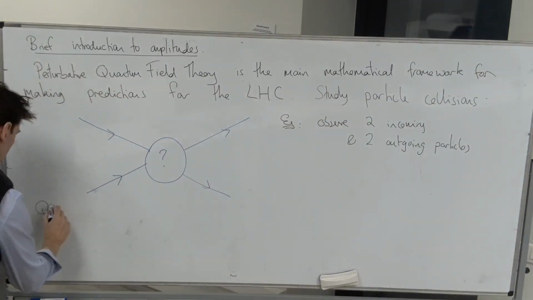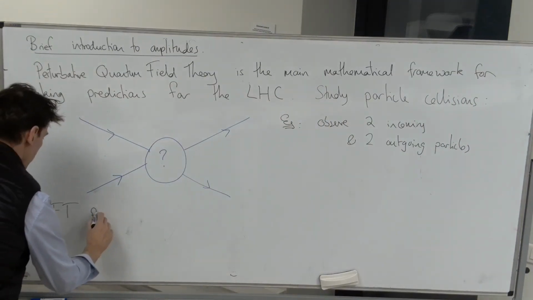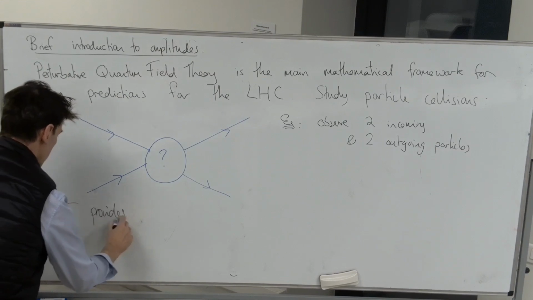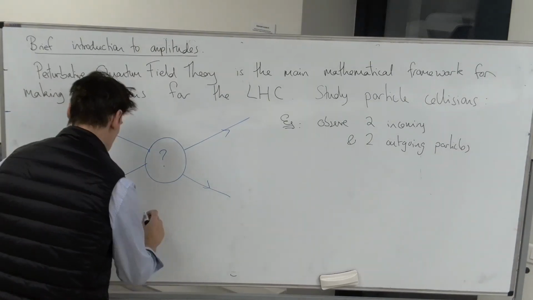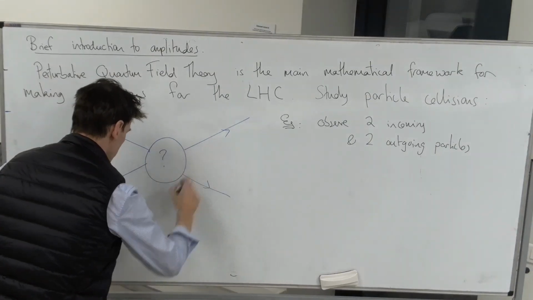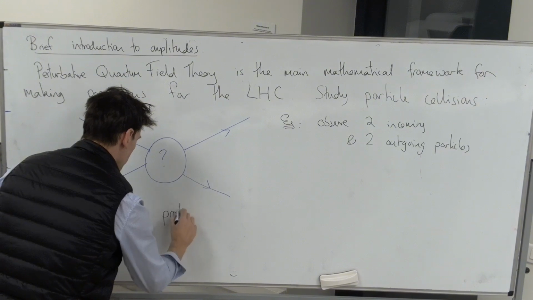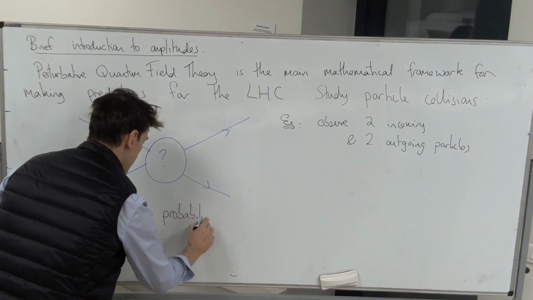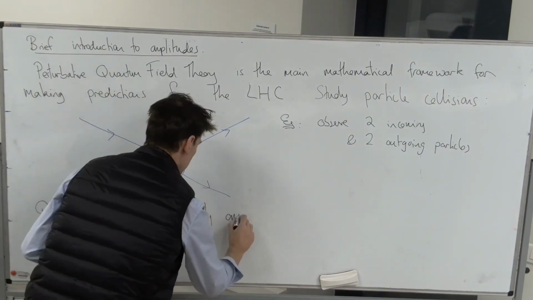So what quantum field theory does is it provides a probability of observing something like this. More precisely, a complex probability, which is called a probability amplitude.